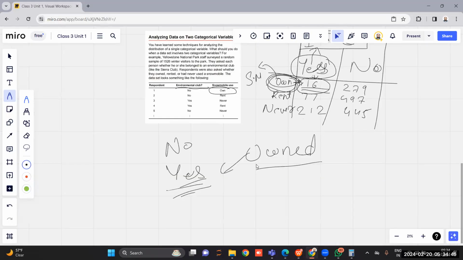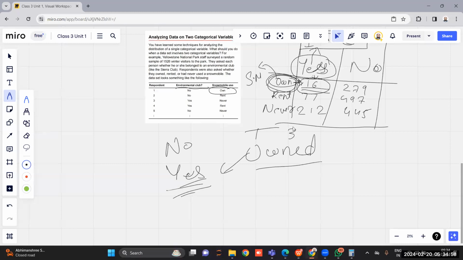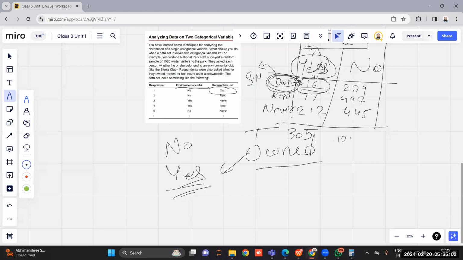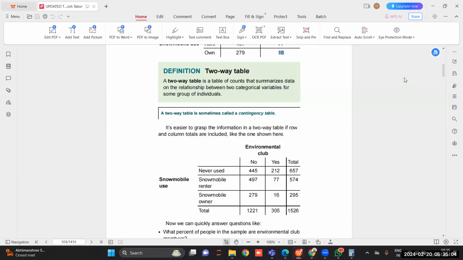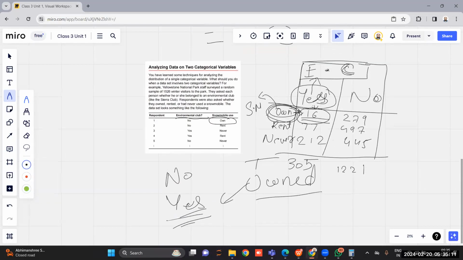So this is the total. We do total column-wise as well as row-wise, both. This total would come to be 305. Next total will be 1221. If we do the row-wise total, three rows are there.